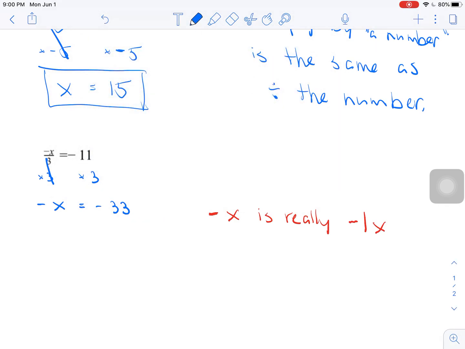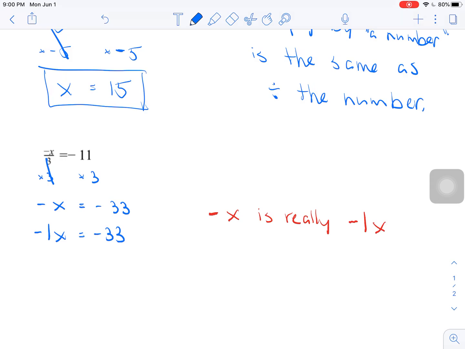So when we say negative x equals negative 33, this is really negative 1x equals negative 33. So we undid the division, but this actually has a second step to it. In order to figure out what x is, we've got to get rid of that negative 1 that's stuck to the x. So this comes back to the last lesson where we learned how to undo multiplying. Well, we undo multiplying by dividing.